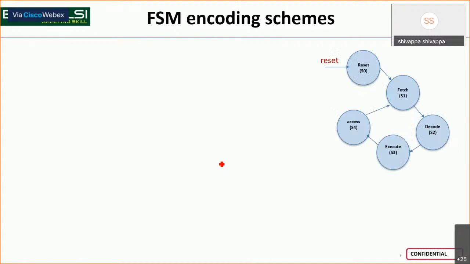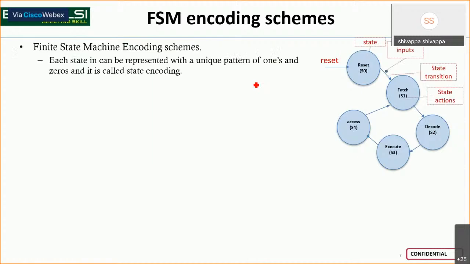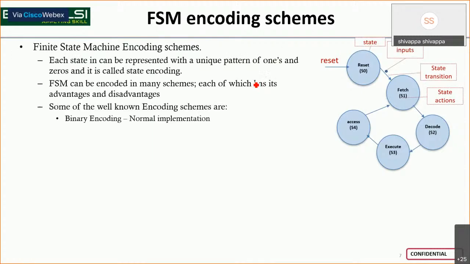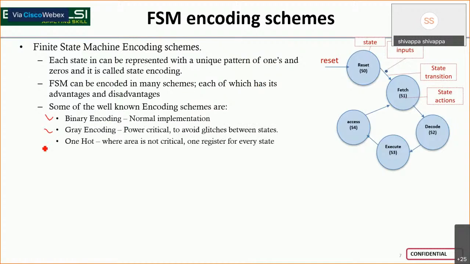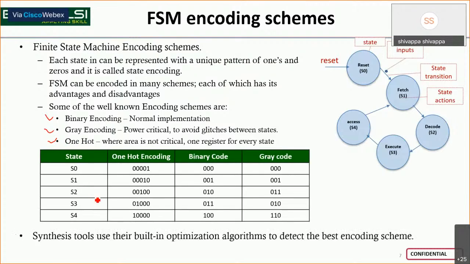Now, for the state representations, we use different encoding schemes. We use binary encoding, gray encoding, and one hot. What is the difference here?